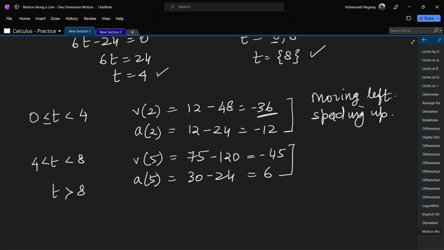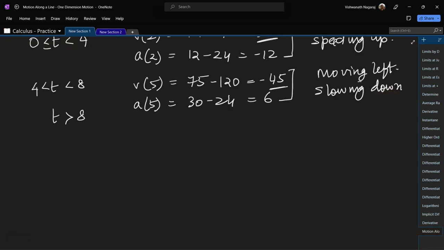So which means velocity and acceleration are not of the same sign, one is negative, one is positive, so which means it is slowing down. And since again here it is negative velocity, it is moving to the left.